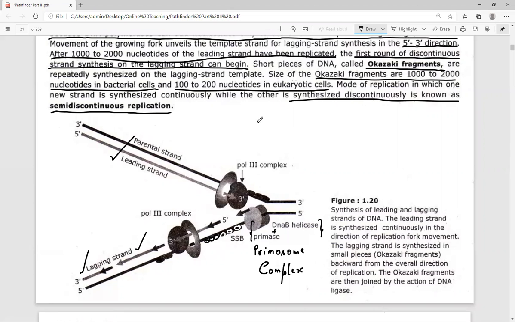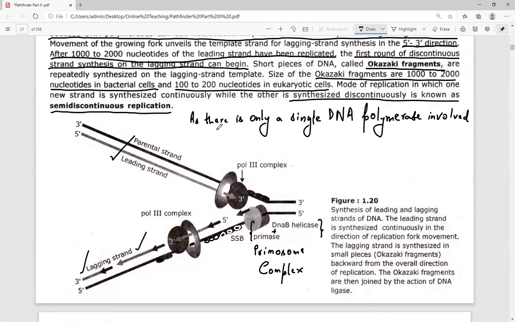Now, because there is only a single DNA polymerase involved in E. coli, it has to act at both the leading and lagging strand.